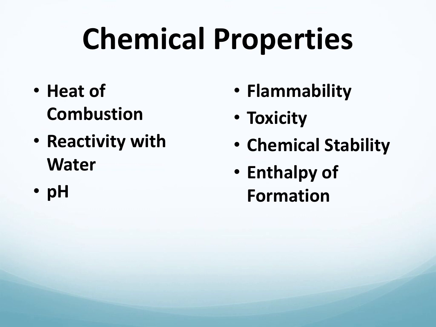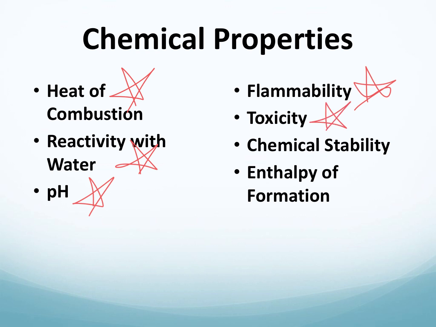Some chemical properties would be heat of combustion. So that's how hot do I need to get it in order for it to basically catch on fire or explode. The reactivity with water. So for example, sodium is very reactive with water. pH, that's how acidic or alkaline something is. Flammability, how easily can it catch fire.